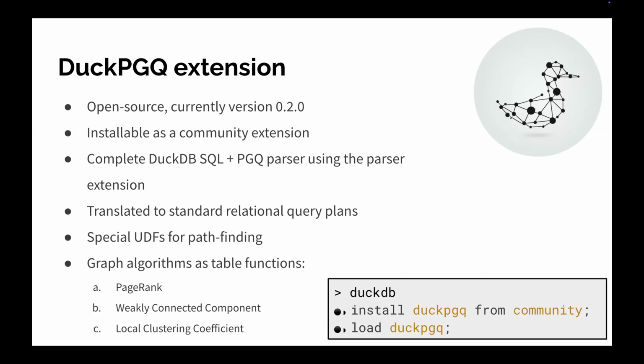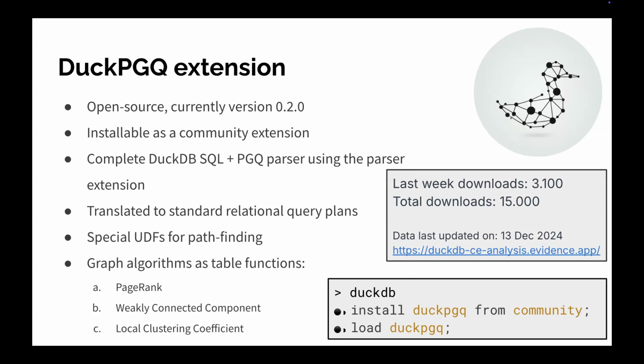And this is starting to take off. Starting from the 1st of October, this is a very new thing, this community extension, they are starting to release download data. In total, it has been downloaded 15,000 times.